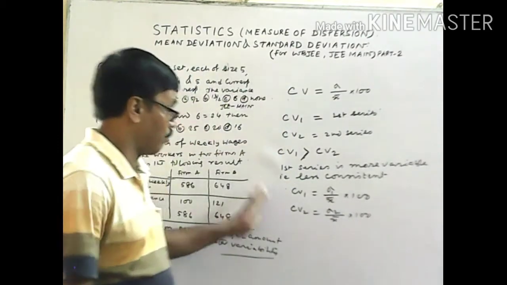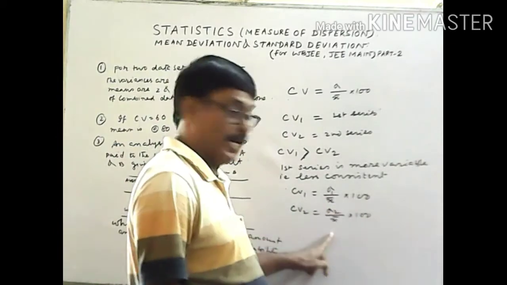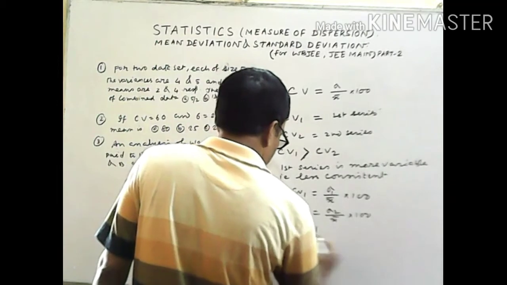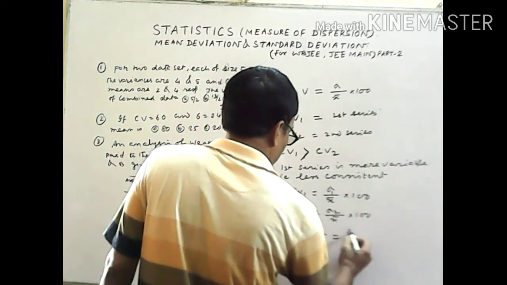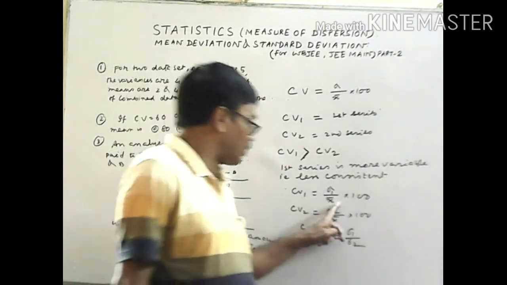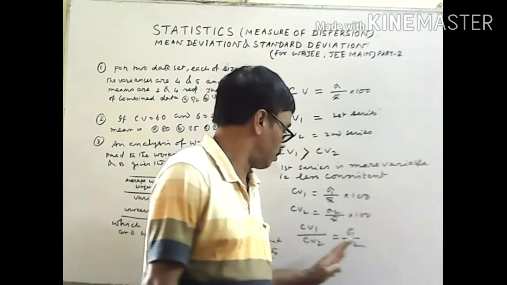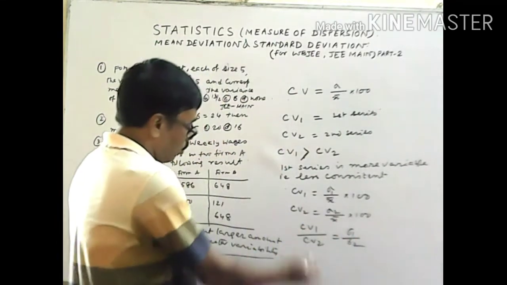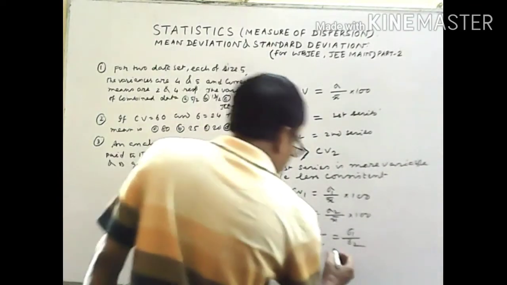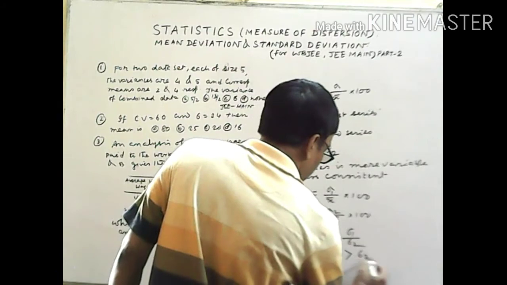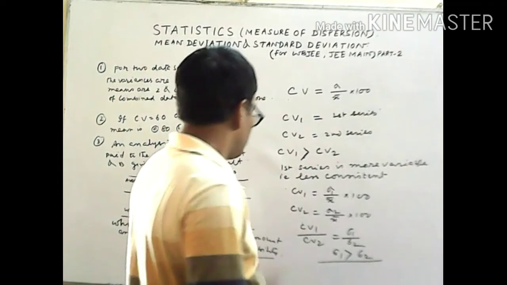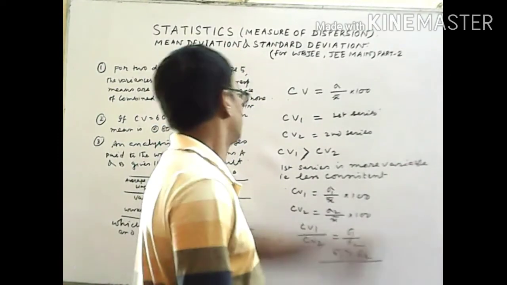If two series have the same mean, then CV1 by CV2 equals sigma1 by sigma2. If sigma1 is greater than sigma2, then CV1 is greater than CV2.